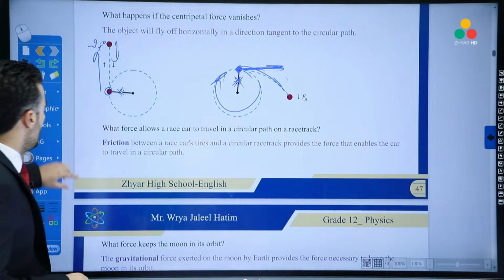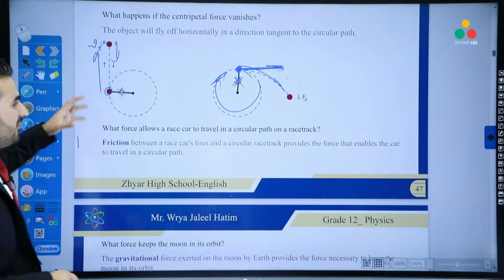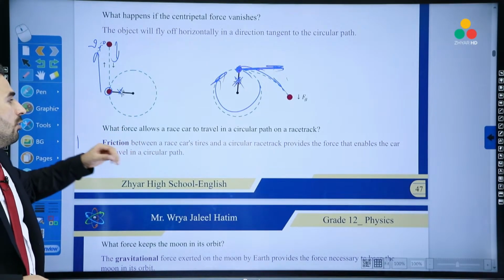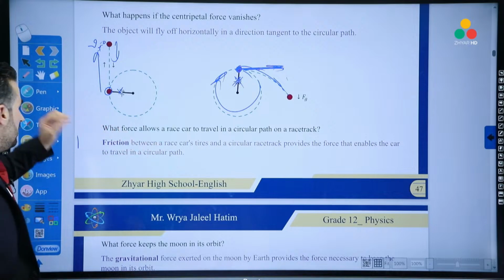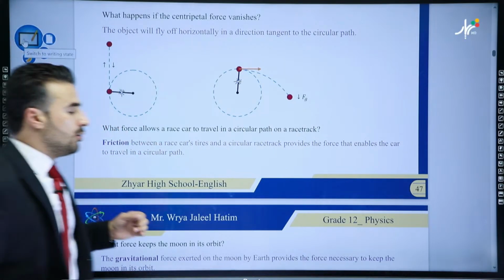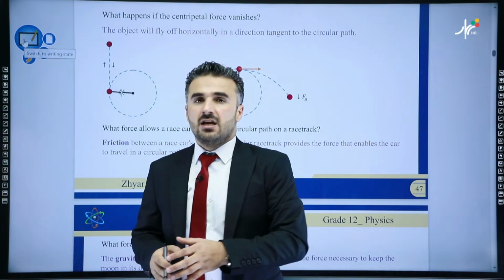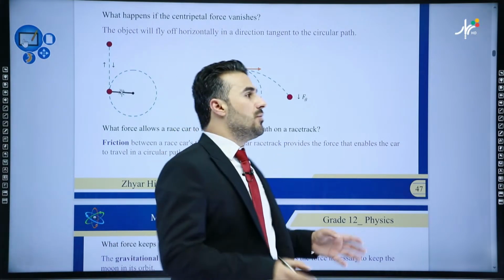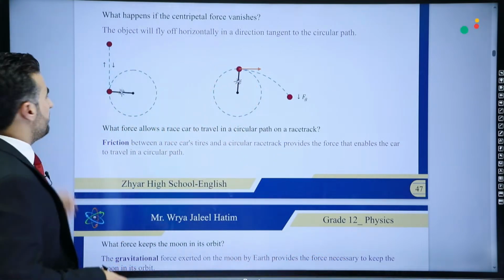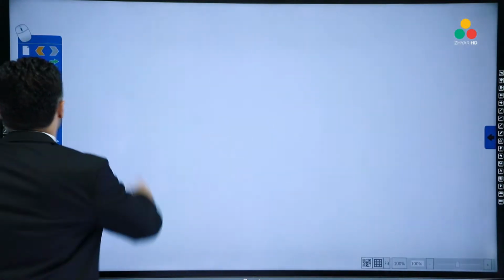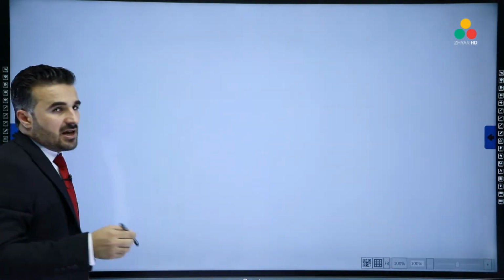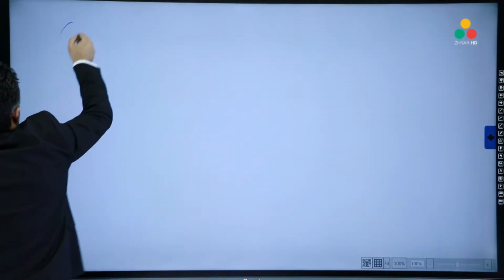Now, what force allows the race car? Before answering this question, I would like to tell you what the forces are. We said centripetal force is not any type of force. A centripetal force will be provided by other forces. So what are some forces that can provide centripetal force?